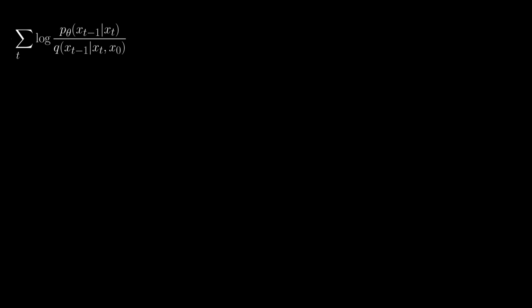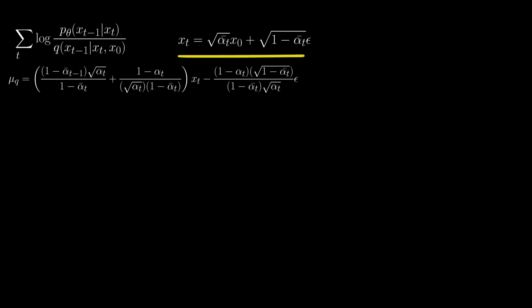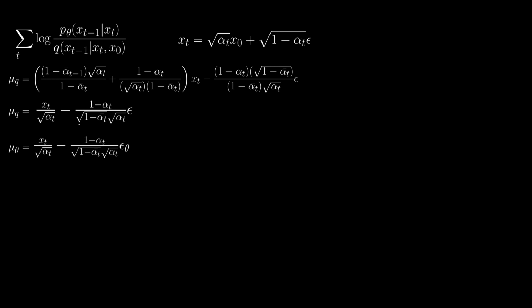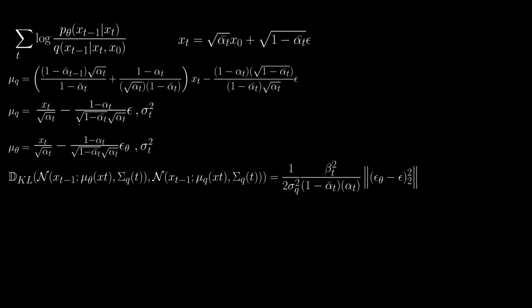Our ground truth denoising distribution's mean was a combination of xt and x0, which using this relationship, we could rewrite to a combination of xt and noise, which ends up being simplified to this. The predicted distribution could also be formulated in the same manner, and ultimately we get to this expression for our objective.